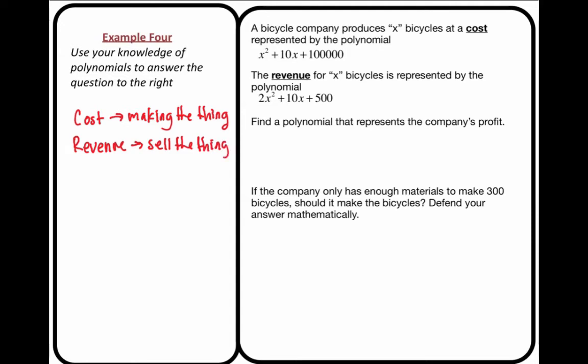We used to call it a widget. I just call it a thing. And so it would make sense that we would have the revenue, how much you can sell the thing for, minus the cost is going to equal profit. And so, for example, say you're making a taco, and you can make a taco for 50 cents.